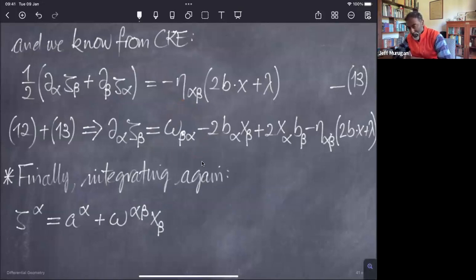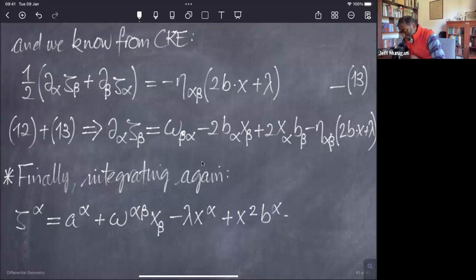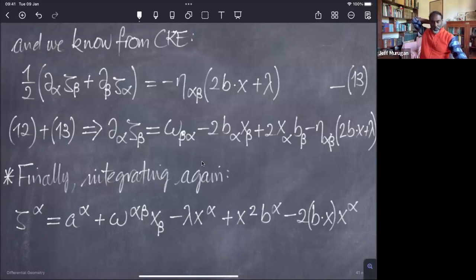So it's going to give me something linear in x, minus λ x^α. Again, λ is a constant, so linear in x, plus x·x b^α, the alpha index is carried by b, minus 2 b·x times x^α. So this thing is quadratic in x, as these two terms are both quadratic in x.